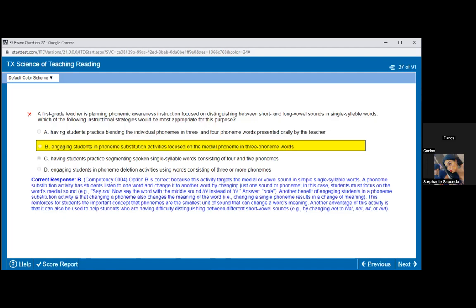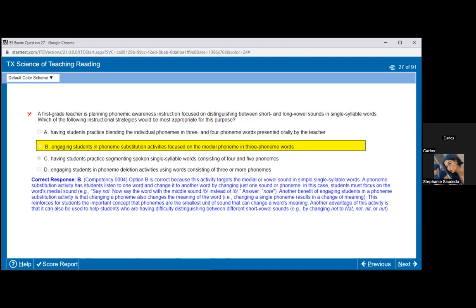In this case, students must focus on the word's medial sound, saying not when they say the word with the middle sound instead of note. Another benefit of engaging students in a phoneme substitution activity is that changing a phoneme also changes the meaning of the word. Changing a single phoneme results in a change of meaning.